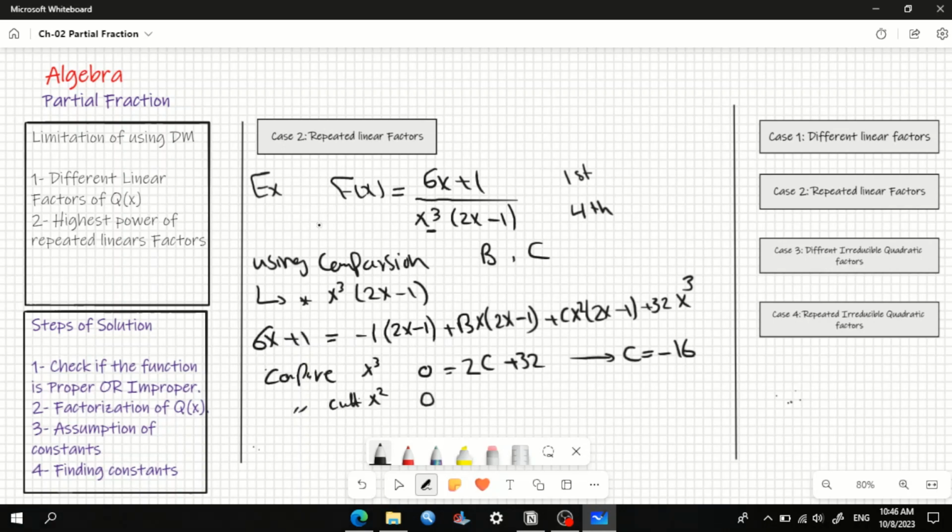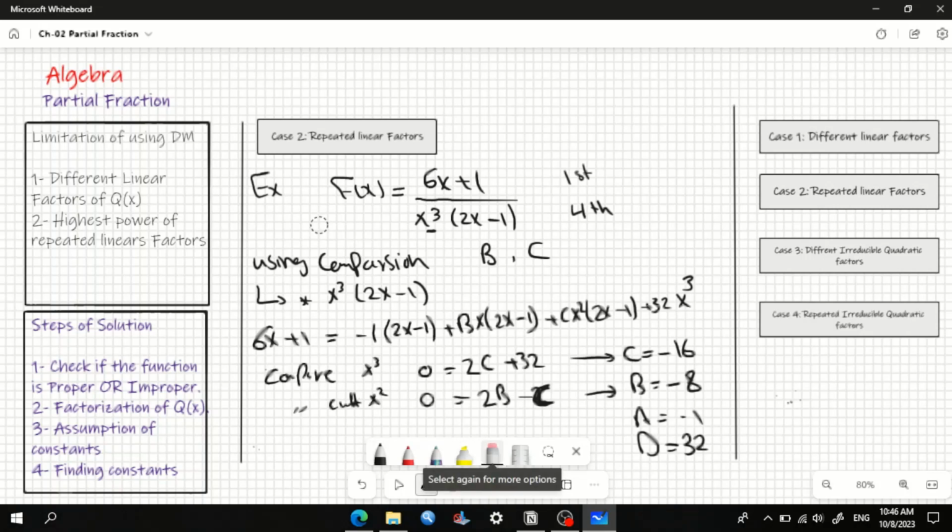We have here 0 equal to 2b, and if we multiply this here, we have negative c. So b will be equal to negative 8. And as we said, D equal to 32.